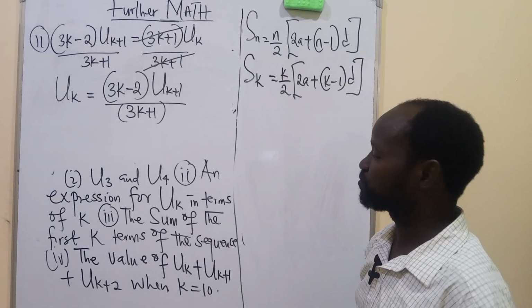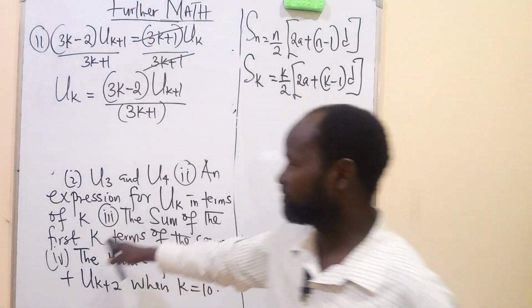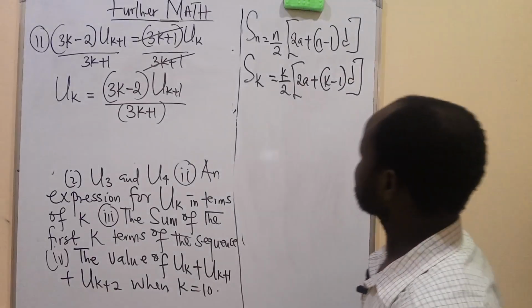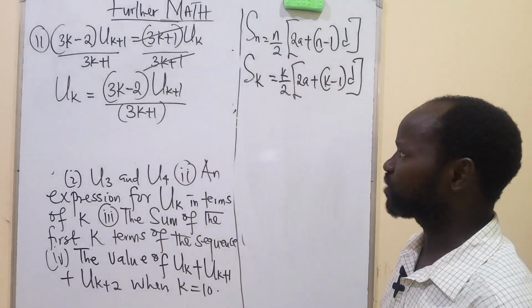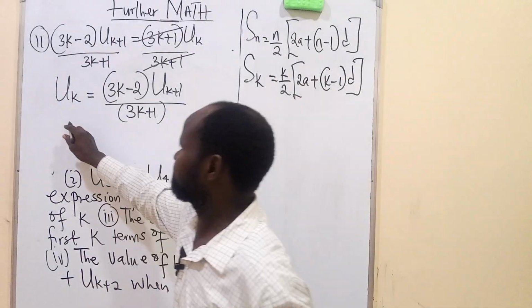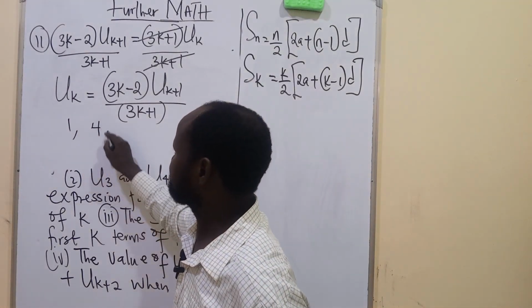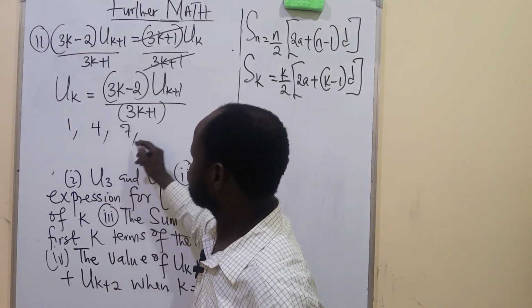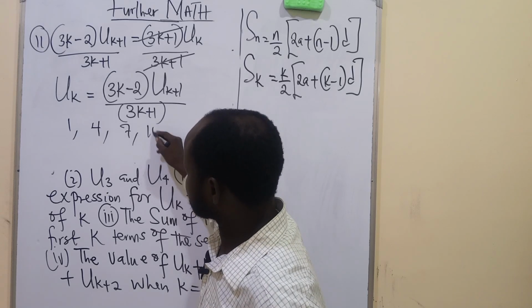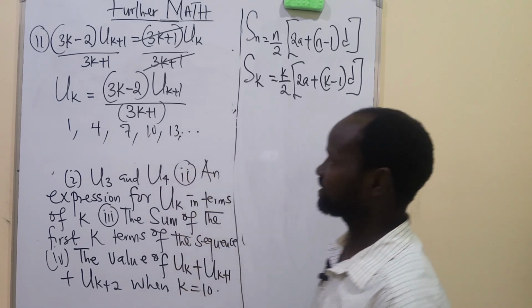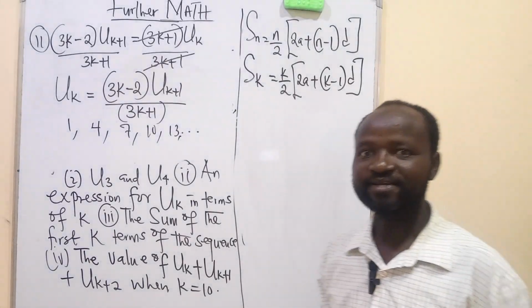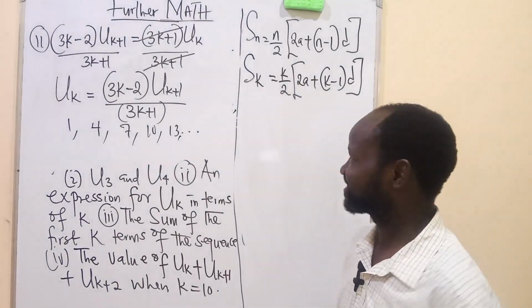So this is the formula we're going to use, because we are using k for n. From the pattern of our sequence before, the first term is 1, the second term is 4, the third term is 7, the fourth term is 10, the fifth term is 13, in that order. This is the pattern of our sequence, and it is an arithmetic progression.